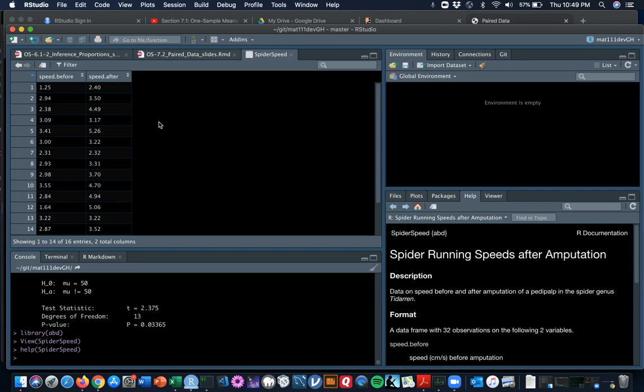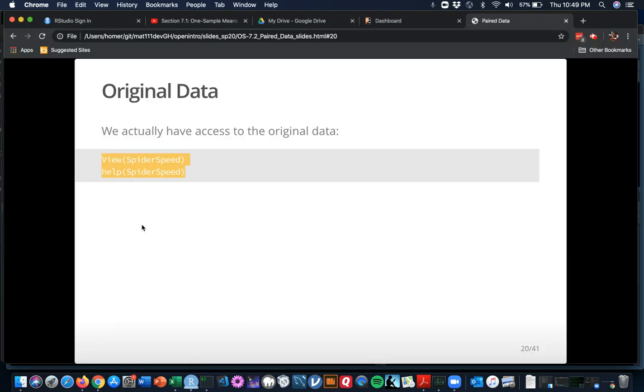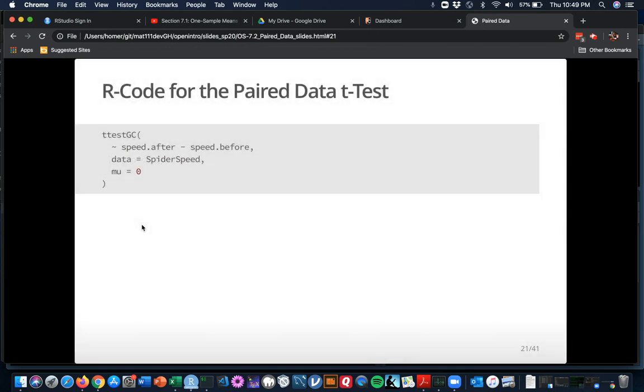In the original data, the differences in speed are not computed for you. But that's okay. You can actually make ttestGC compute those differences for you. You just run ttestGC and you say twiddles, and that just tells R that some variables are coming up, and you do speed after, and then a minus sign, and then speed before.